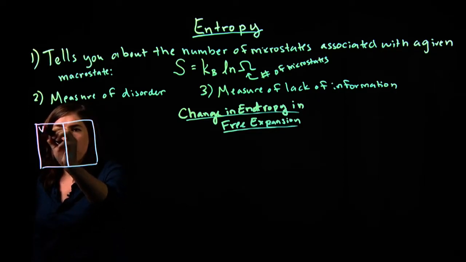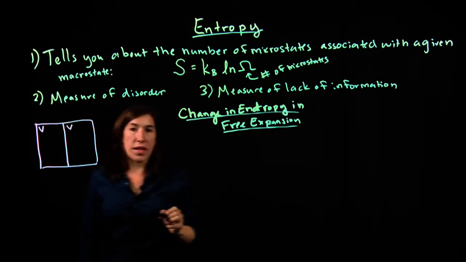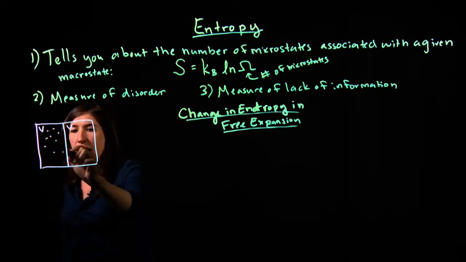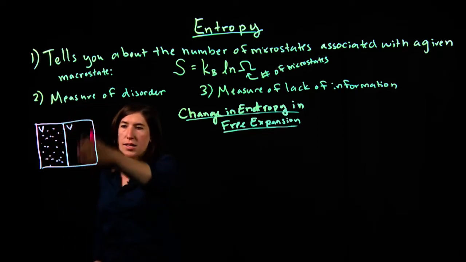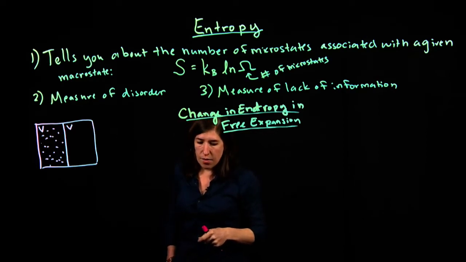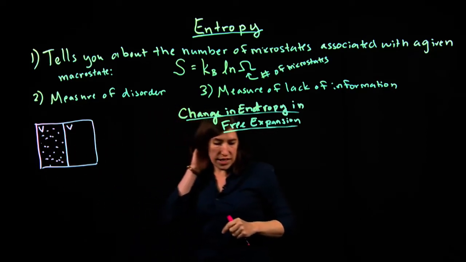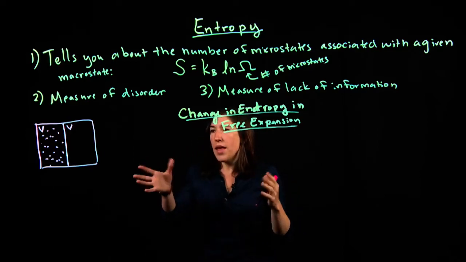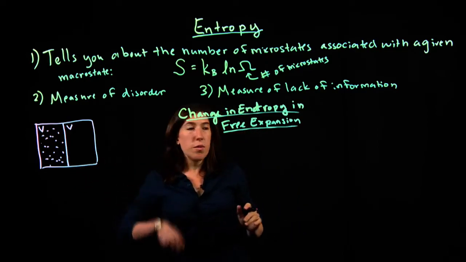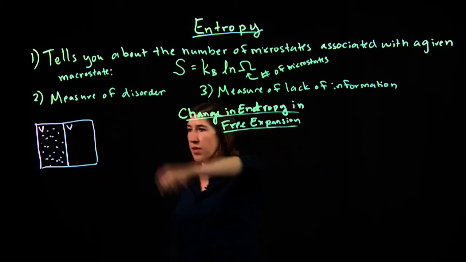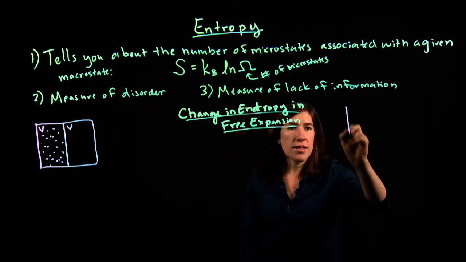So we have some volume on one side, some volume on the other. And let's say initially we have some ideal gas that's all contained on one side of the box. There's some partition here that's keeping all of the particles on one side of the box. And then we're going to remove this partition. We're just going to suddenly make it vanish.